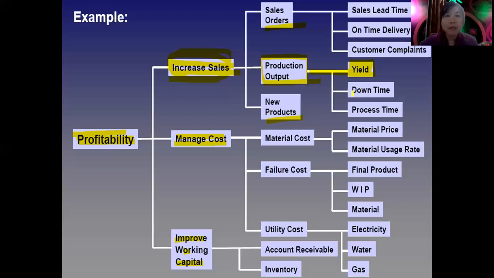Maybe the yield percentage is low because of a downtime problem, or the machine always has downtime. So this can also be another target. Also, fastening the process time. So one or more targets can be translated into a Six Sigma project that is led by the Six Sigma team.